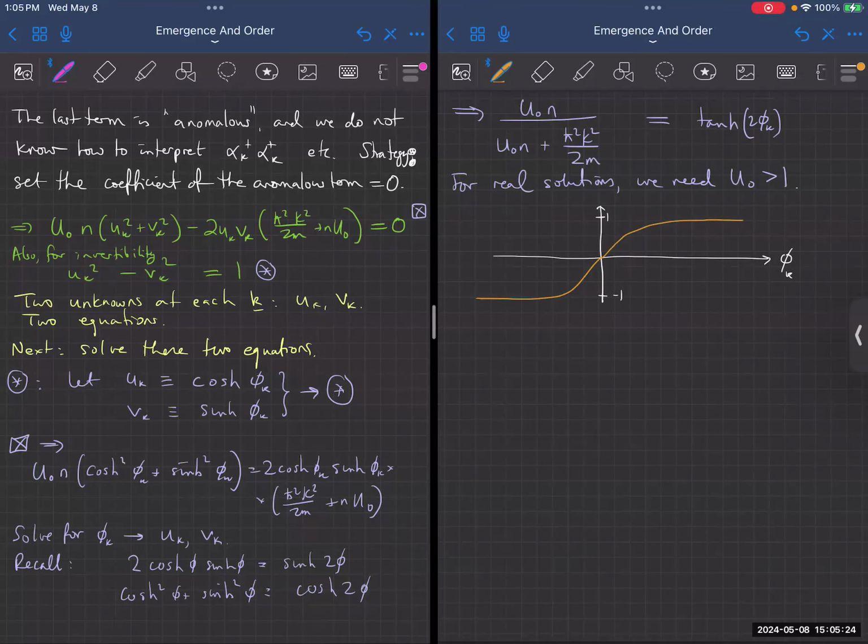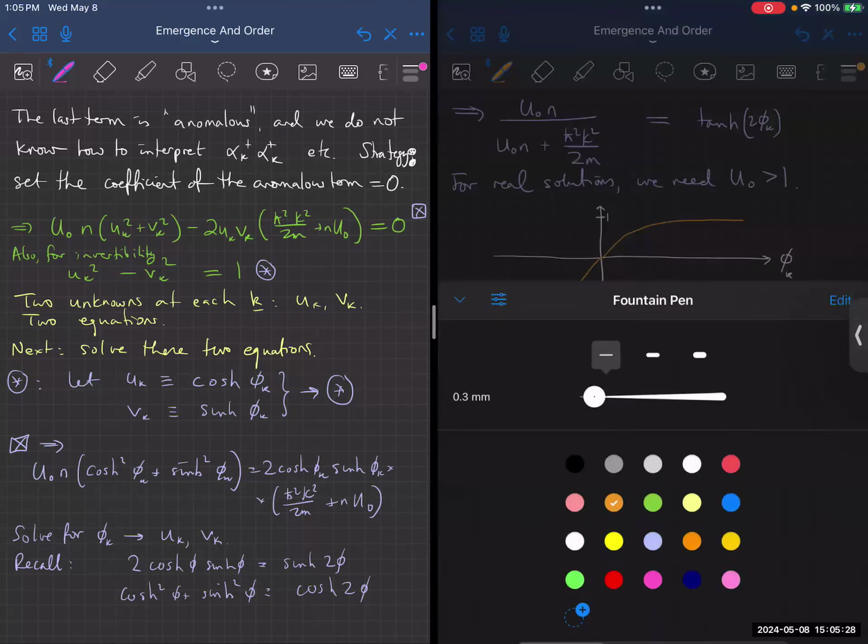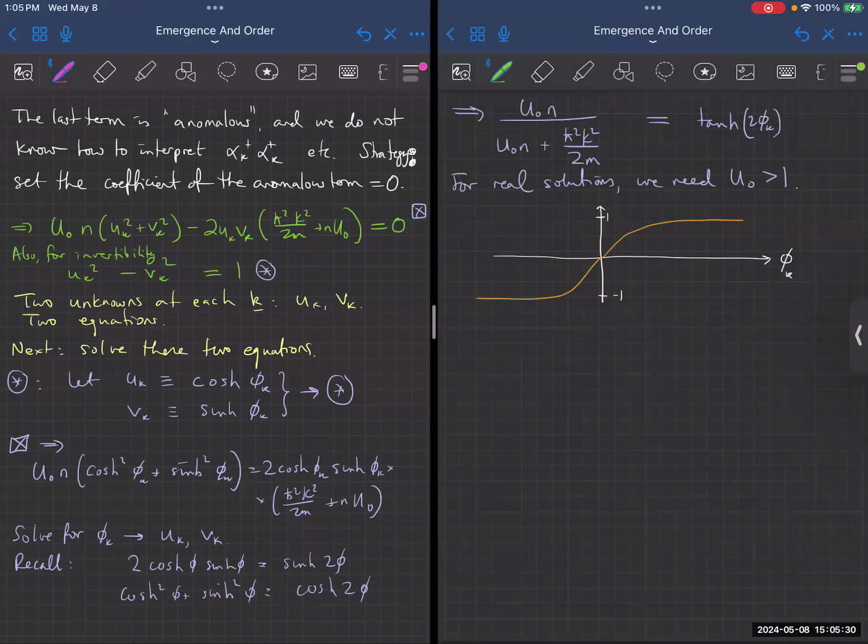The solution for this equation exists if the value is somewhere in the middle here.